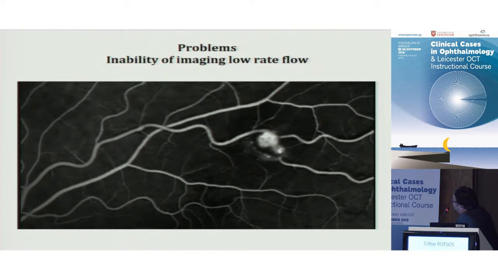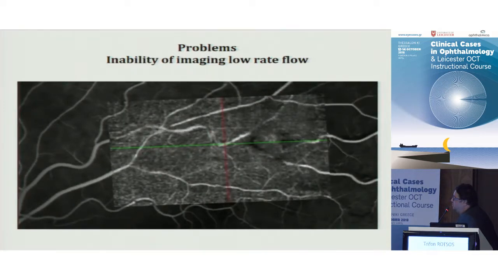This is a classical fluorescein angiogram, and this, of course, is a macroaneurysm. Everybody knows that. But when you try to take an image of this macroaneurysm with OCTA, you will see that there's nothing here, and that's because the blood has a very low flow rate.